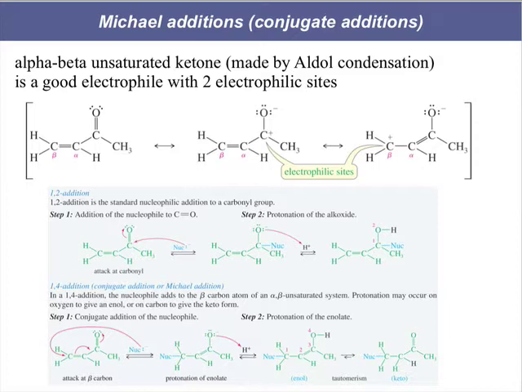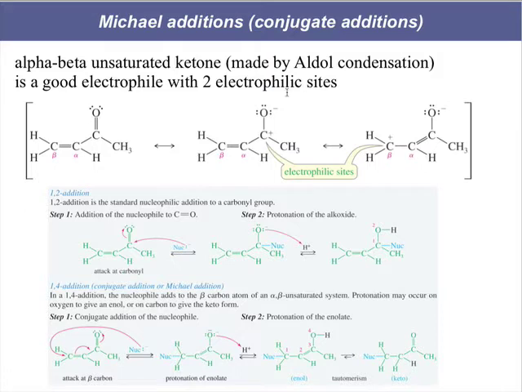In a Michael addition, you have an alpha beta unsaturated ketone, which, by the way, note well, is the product of an aldol. The alpha beta unsaturated carbonyl, in this case a ketone, it could be an aldehyde, was the product of an aldol condensation.